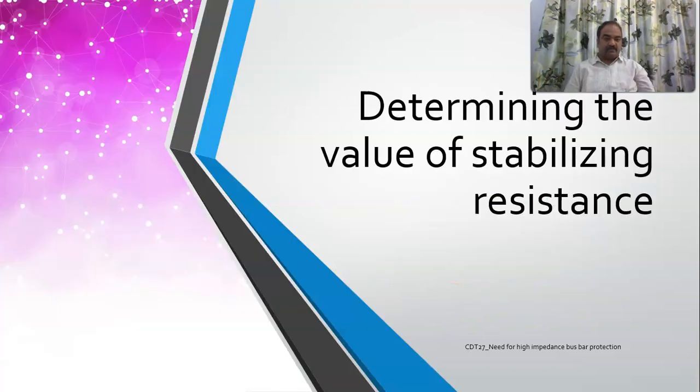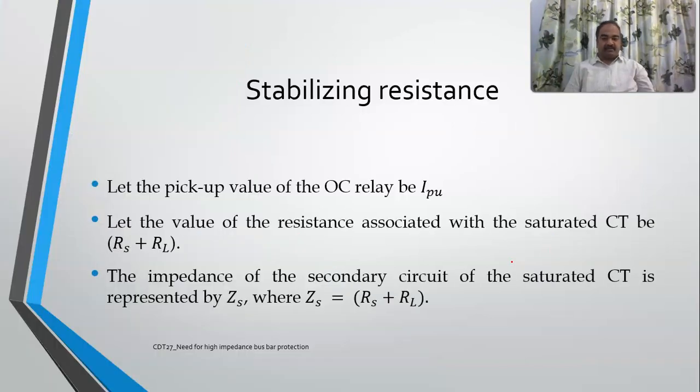Understood? So now the question is how to determine the value of stabilizing resistance, here RS, which is to be kept in series with your OC. Now let us suppose the pickup value is given by IPU. This is your pickup value of the current. If your current is greater than IPU only, your relay will operate.